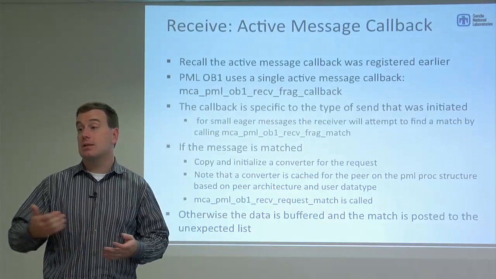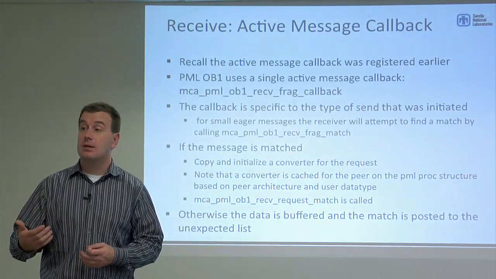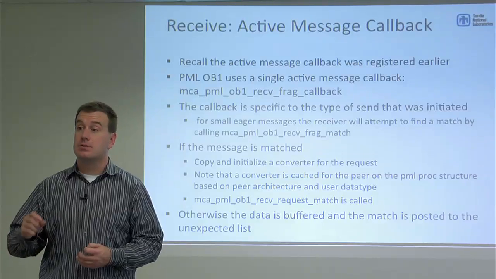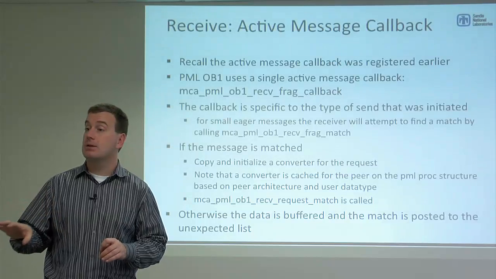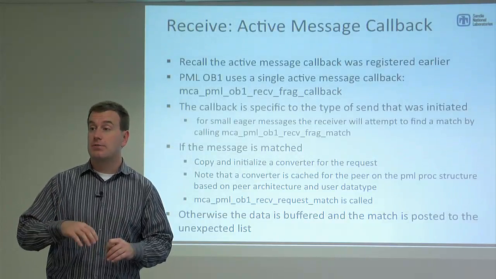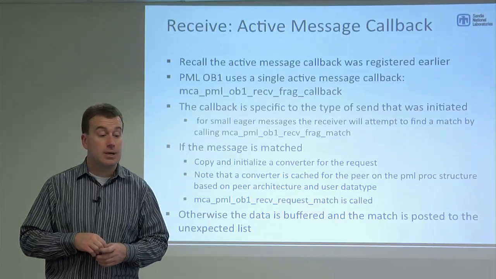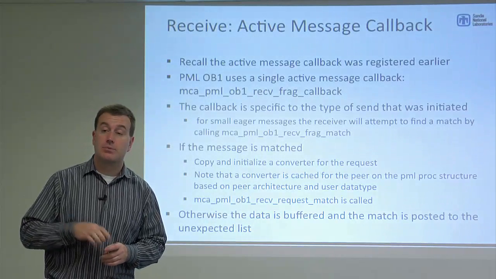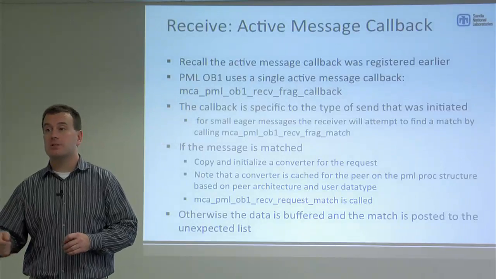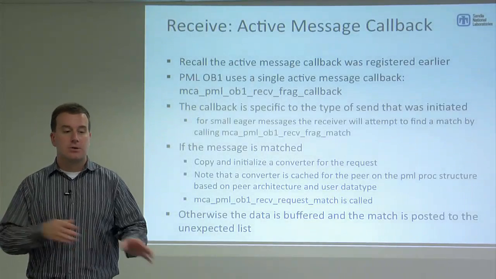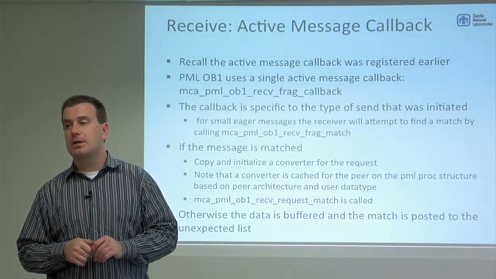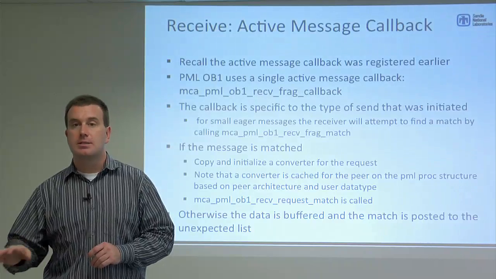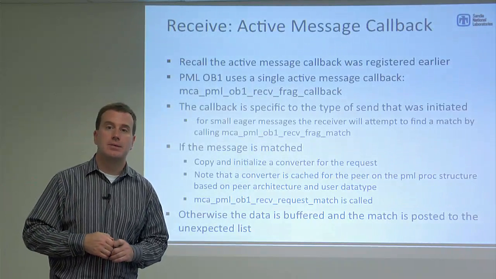But basically, in the end, what you're doing is searching that expected list to see if there was a match. And by match, I mean that it was the right tag, the right communicator, and the right source for the message that came over the wire. If there was, we call the matching engine and the completion engine and do a whole bunch of data things we'll talk about. If it wasn't, it gets put in the unexpected list until a matching receive is posted.